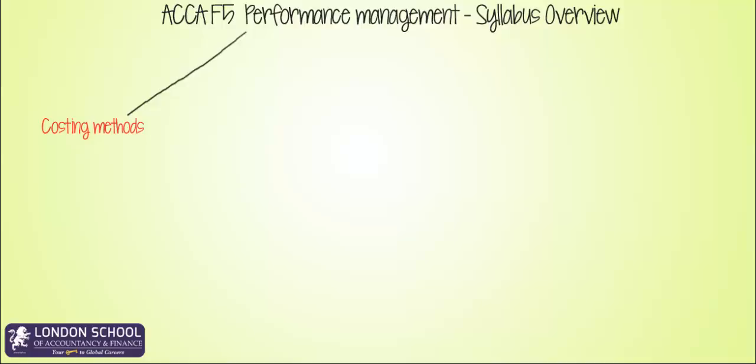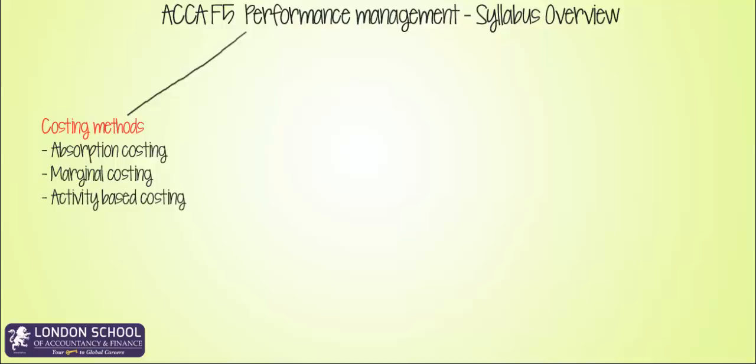The first costing method that we did in F2 was absorption costing. We are again going to review it in F5. Similarly, we also did marginal costing. But based on absorption costing and marginal costing knowledge, we're going to build up further costing methods.